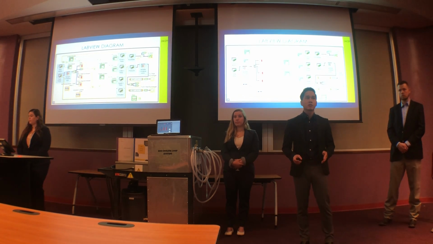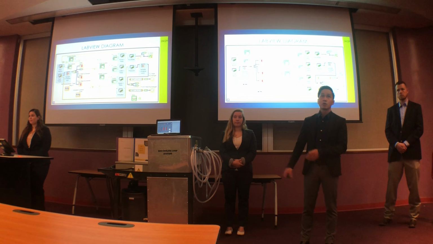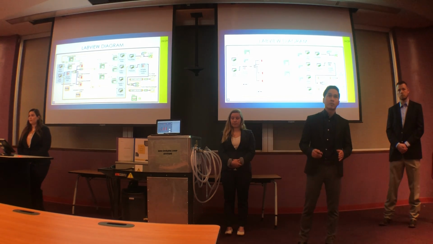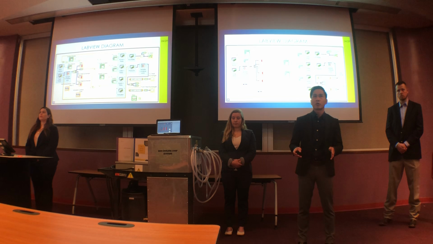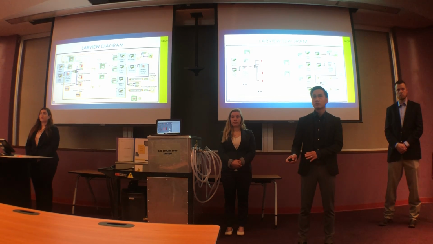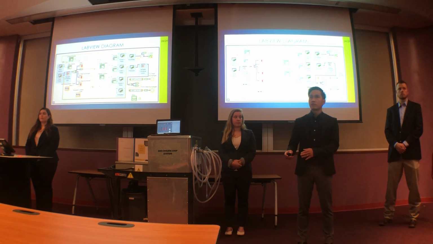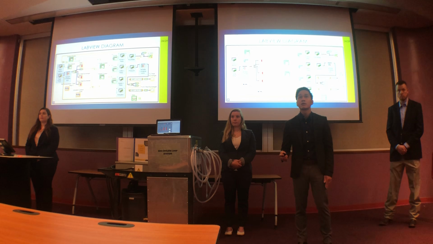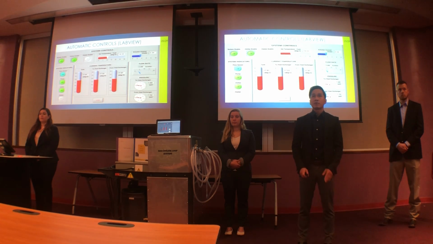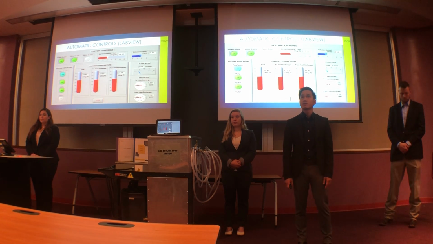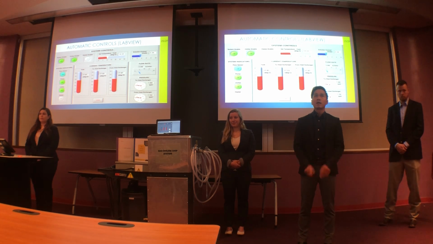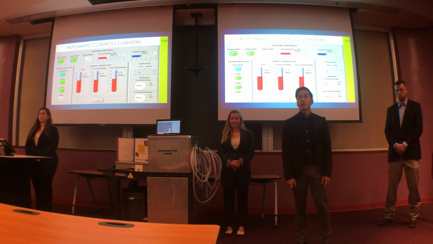So to have automatic control of the system, we built a LabVIEW program with the logic block on the left side, and on the right side is where we collect all the data and calculate it into the values we want. The values can be adjusted by the user interface of the LabVIEW.